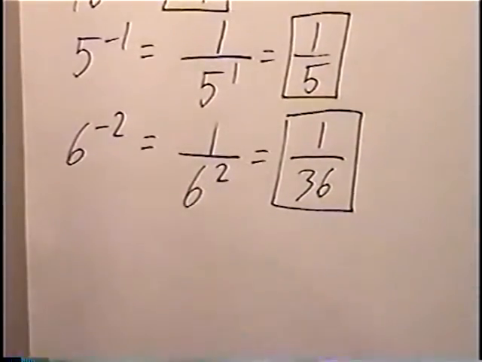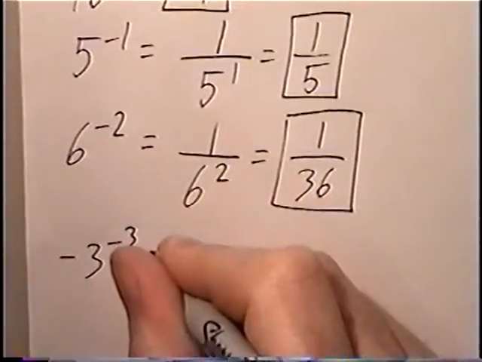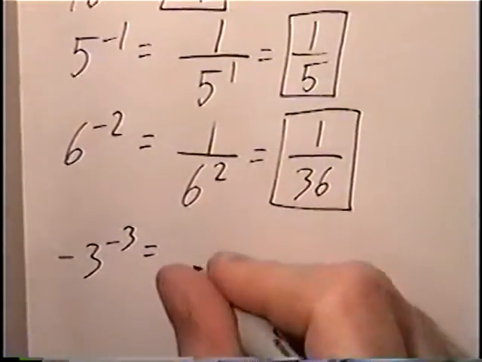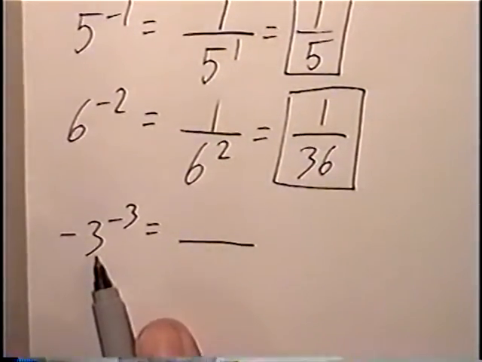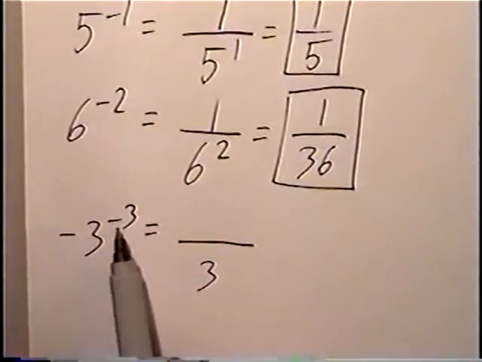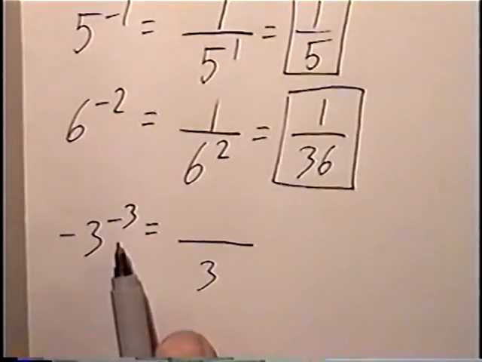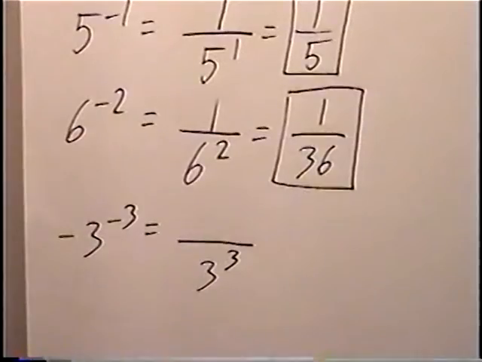And last question for the section, negative 3 to the negative third power. Again, negative exponents means we'll have a fraction. The number 3 we can write on the bottom of the fraction. Keep in mind the negative outside does not go with the exponent, so just the 3 would move to the bottom, and the negative 3 exponent we can change to a positive 3.